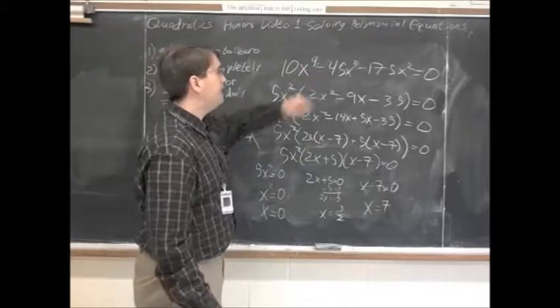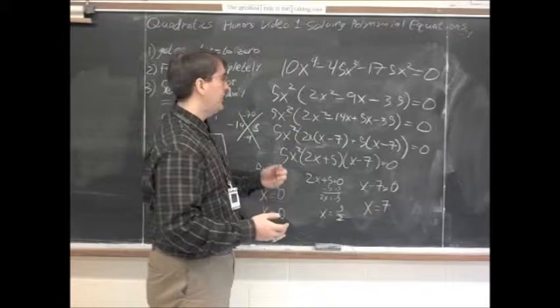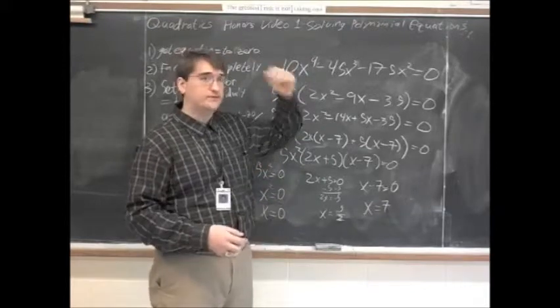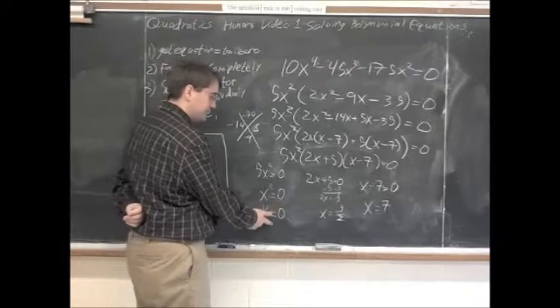This is what I mean. The power of 4 there means you're going to see at most that many solutions. You're not going to see more than 4 solutions. You may see as many as 4, and we could count this as a solution twice.